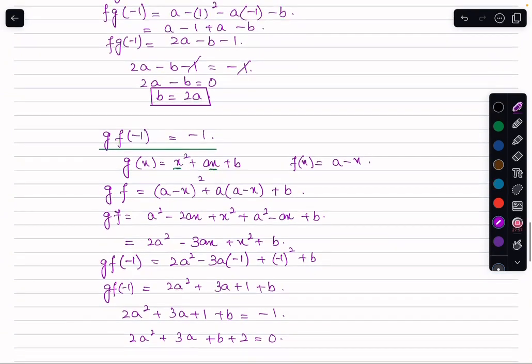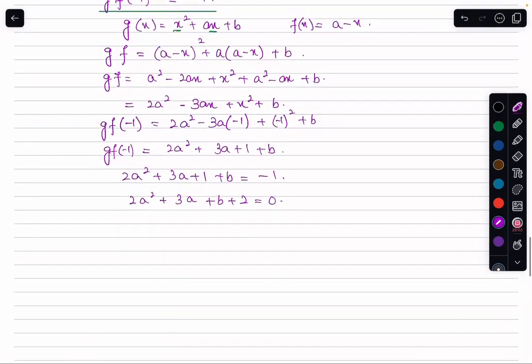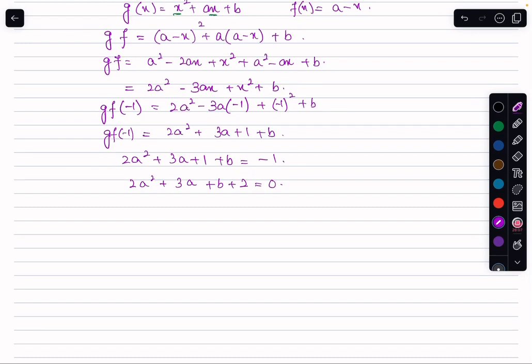Now, when we solved for the first condition, we got b equal to 2a. So I will be substituting b as 2a. This was the condition that we had. So I can say it's 2a squared plus 3a plus 2a plus 2, and this equals 0.